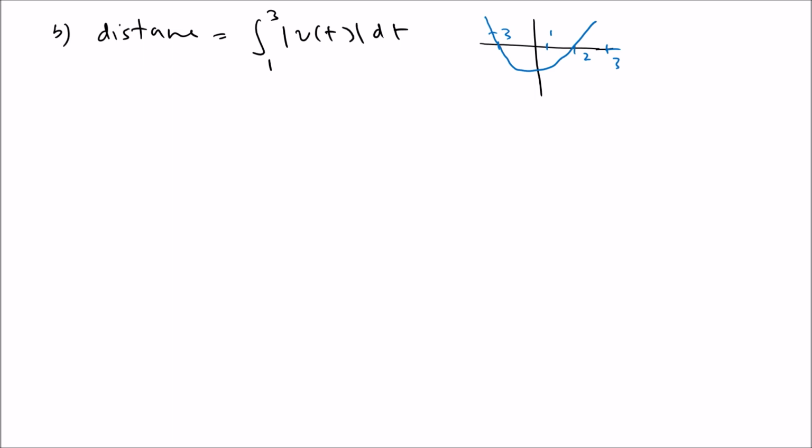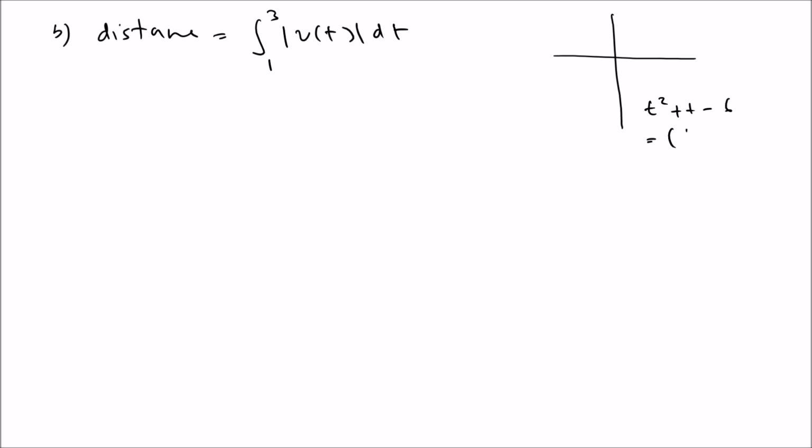That means what we normally do is let's draw this properly. The function is t squared plus t minus 6.